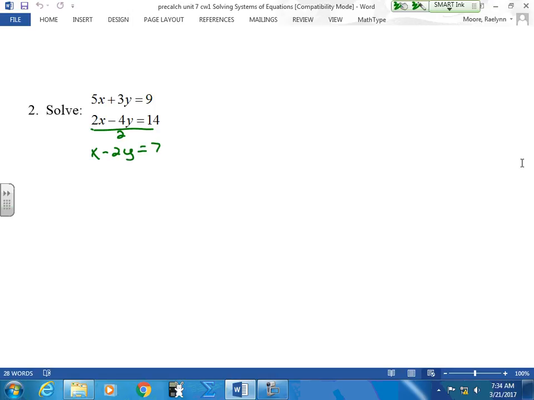I could solve for x, right? And then what could I do? Substitute. I could substitute it into this guy. And then from there I could solve for y, and then I could go back and find x, right? So let's solve for y.